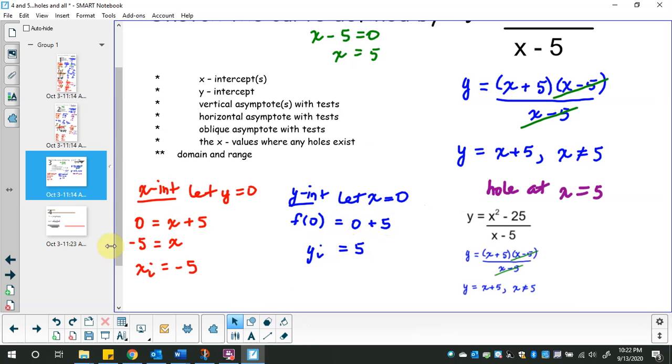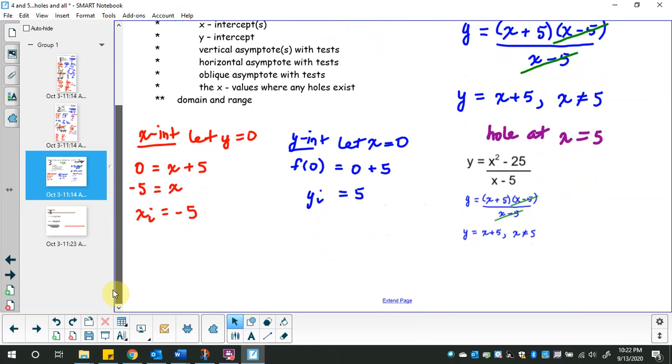Now we need to talk about asymptotes and tests. So asymptote number 1, vertical asymptote. Let the denominator equal 0. Hey, this is why this is my favorite. It's not even irrational anymore. This was irrational, this is irrational, but once I slash stuff out, it's not irrational.